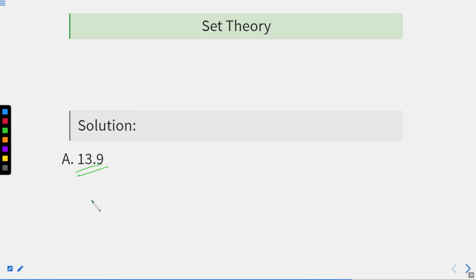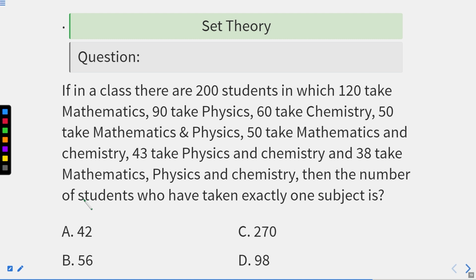This question is very interesting and asks you to read it in an analytical manner. If you leave any information behind, you will not be able to solve it.